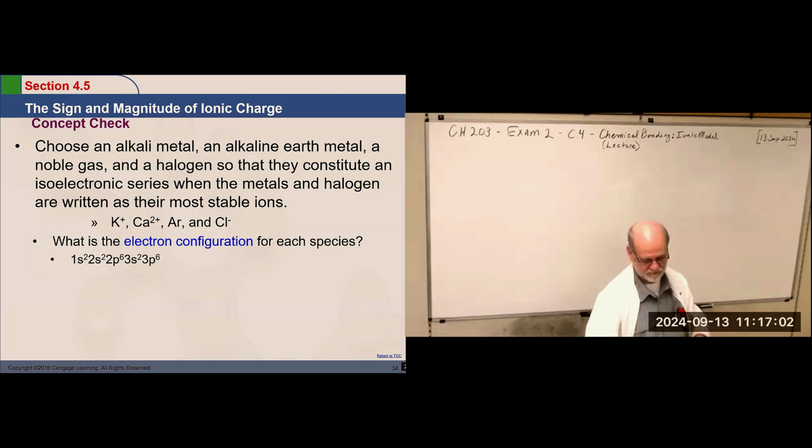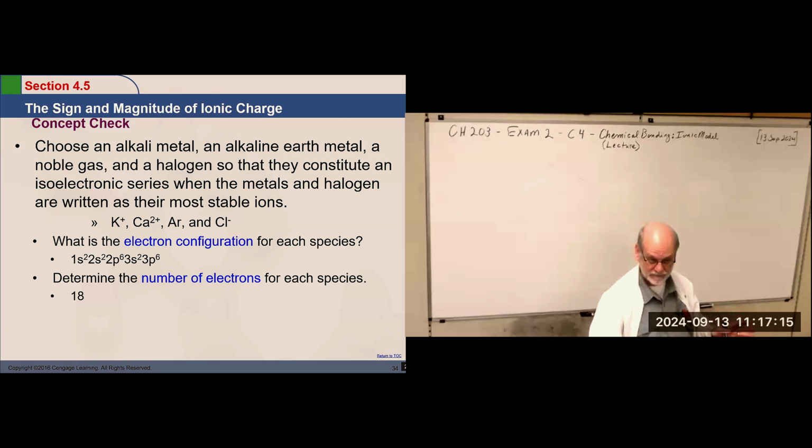Oh, and here it is. Now, the number of electrons for each species would be the same because they're isoelectronic, 18. But the number of protons is going to be different because they're different elements.